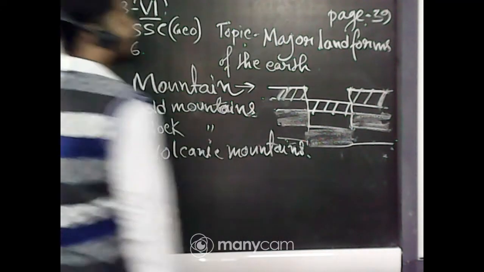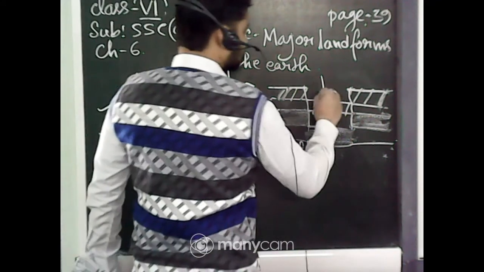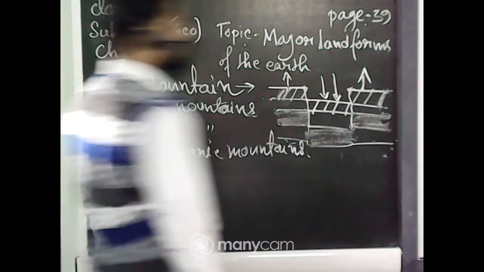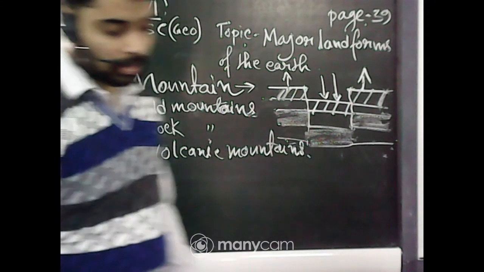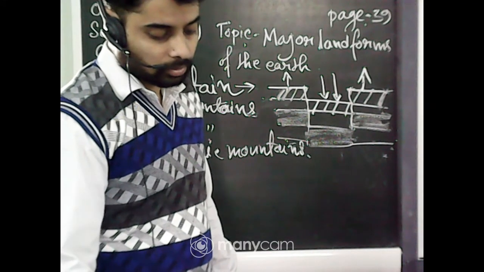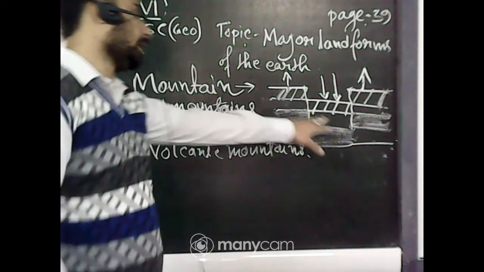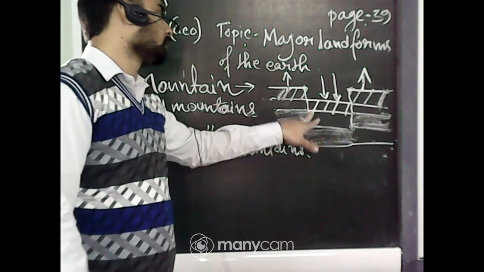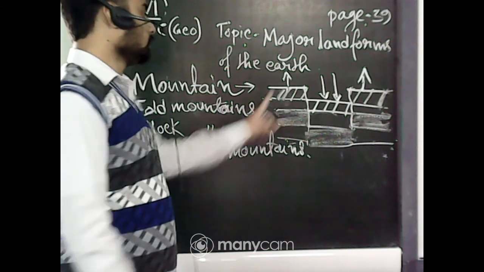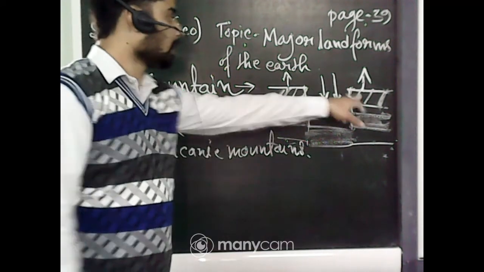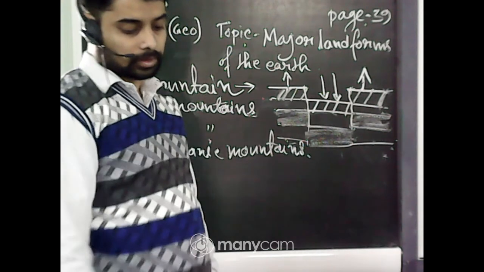Some parts are uplifted and some parts are lowered. The lowered blocks are called graben and the uplifted parts are called horst, and in this way a block mountain is created.